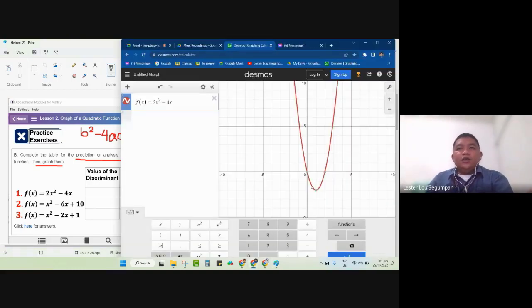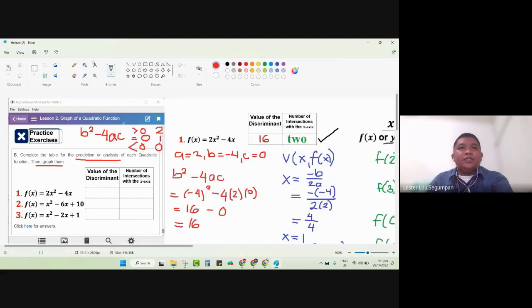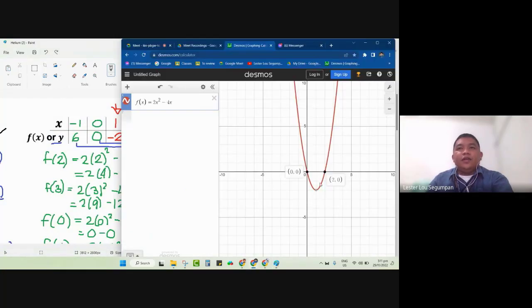So we have two intersections here at 0, 0 and 2, 0, just like our graph earlier. And the vertex is at 1 and negative 2. It's the same here, 1 and negative 2.